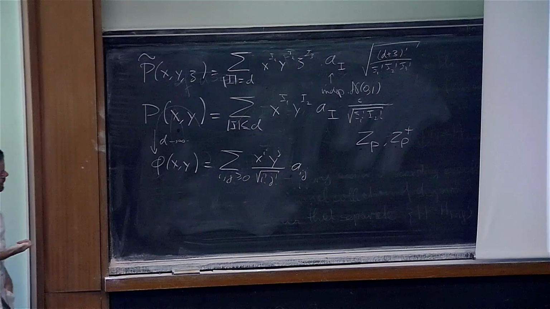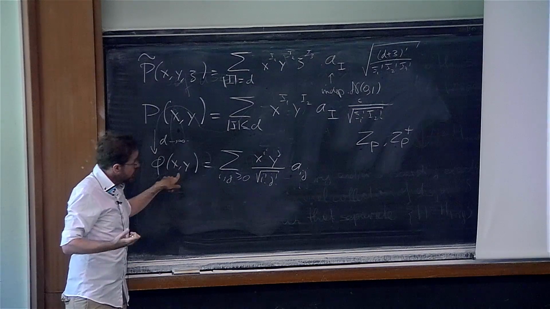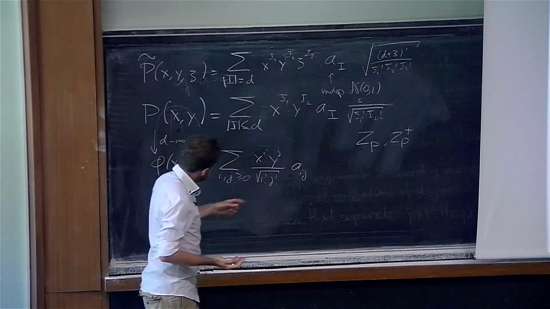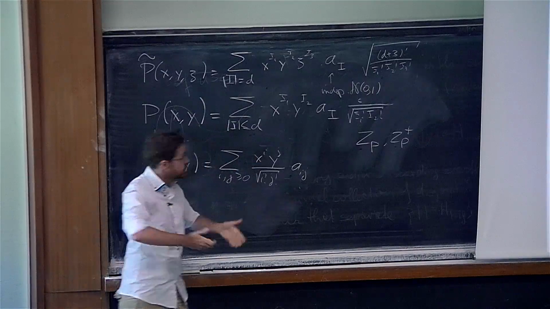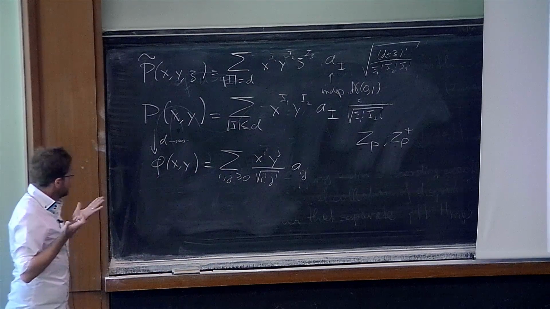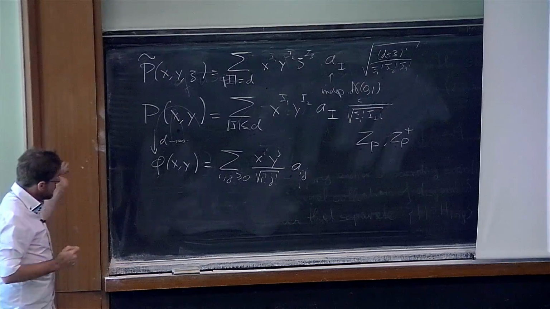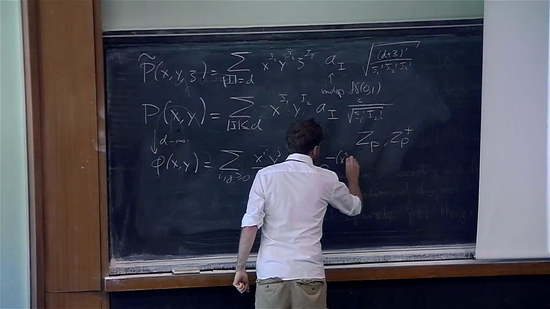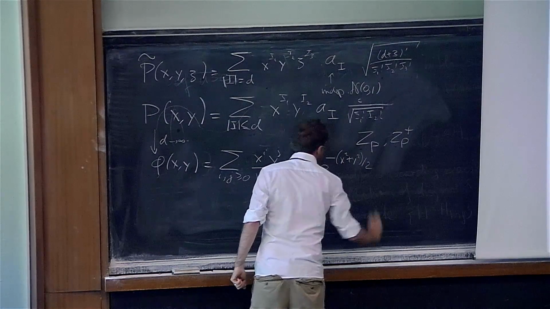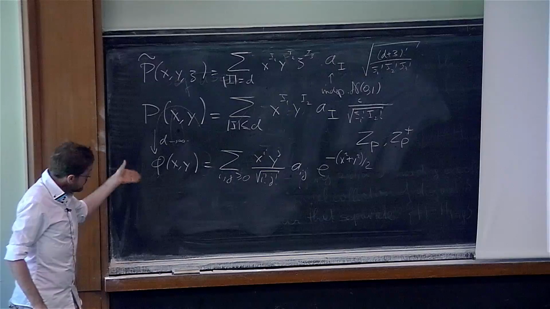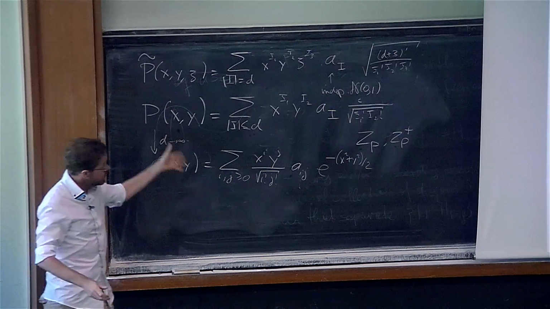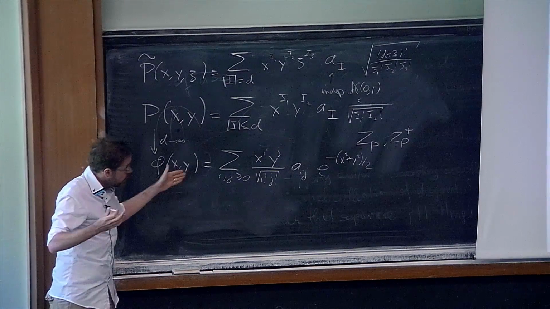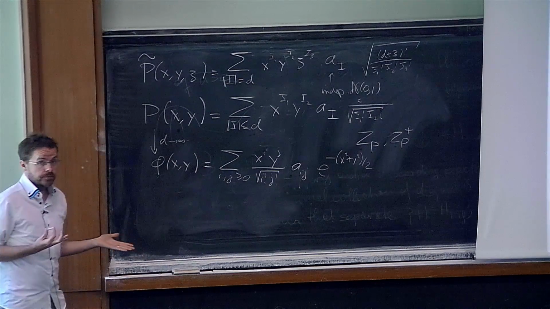So of course there's a problem, because this is not looking at all like something that is translation invariant. It still remembers where the origin is, because each of these coefficients goes to infinity at infinity. But there's one way to make this translation invariant. It turns out that if you multiply this by e to the minus (x squared plus y squared) over 2, this becomes a Gaussian field in the plane, and the distribution of this is invariant under the translations and rotations of the plane.